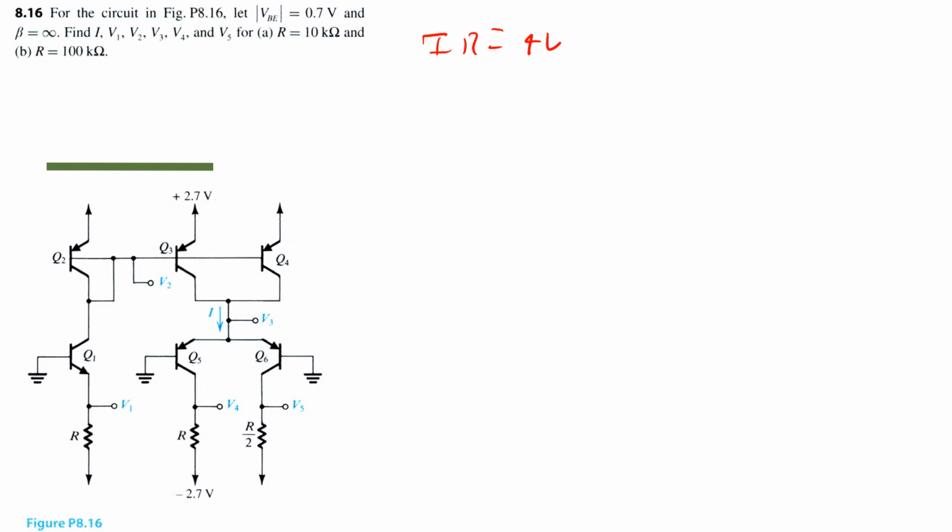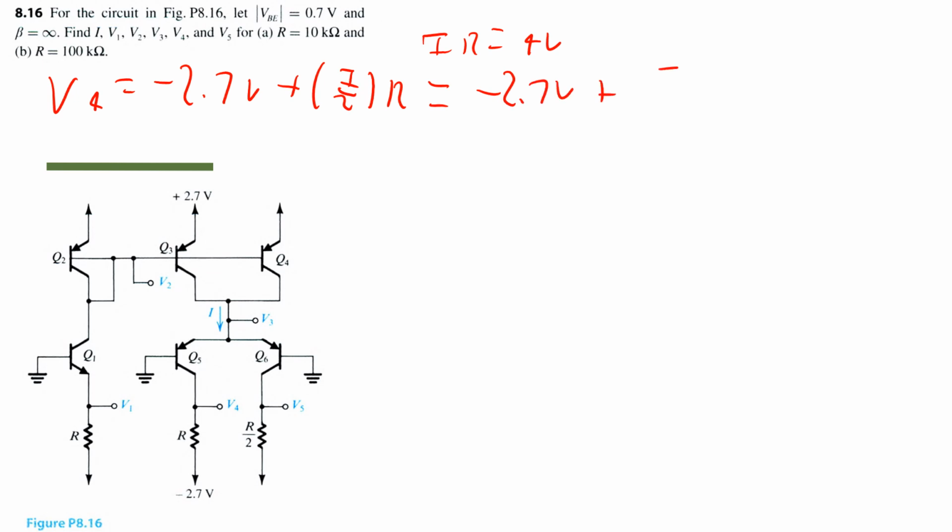So again, let's rewrite the equation for V4. It's equal to negative 2.7 volts plus I over 2 times R. So this would be equal to negative 2.7 volts plus IR over 2. So this is equal to negative 2.7 volts plus 4 volts divided by 2. So V4 is equal to negative 0.7 volts.